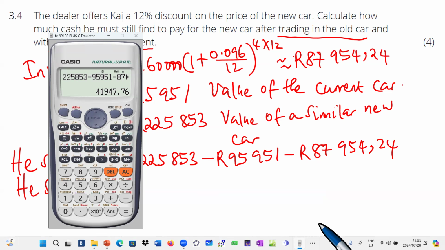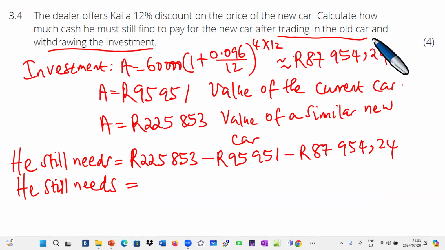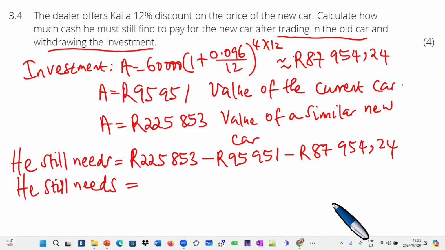Right. Let's see. We need to check here. Okay, but there's a discount. Right, there's a discount you need to take into account. So let us take care of the discount.